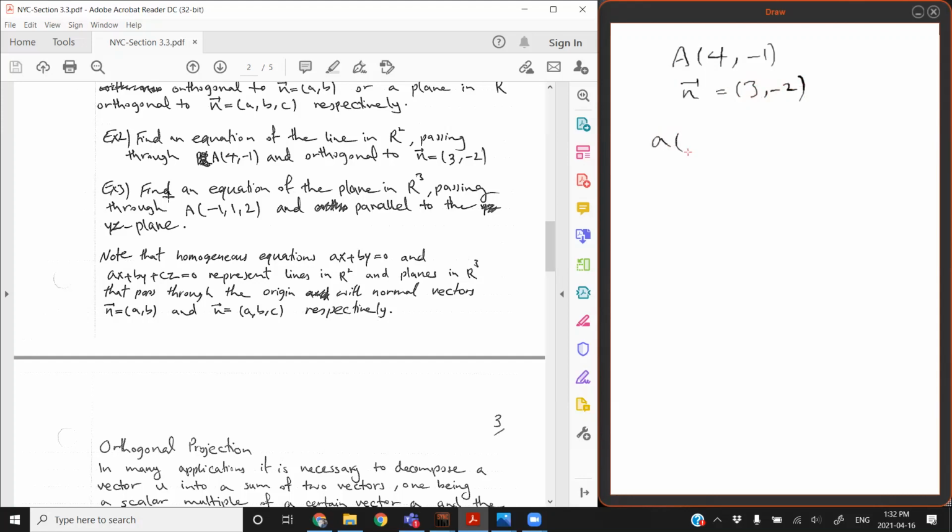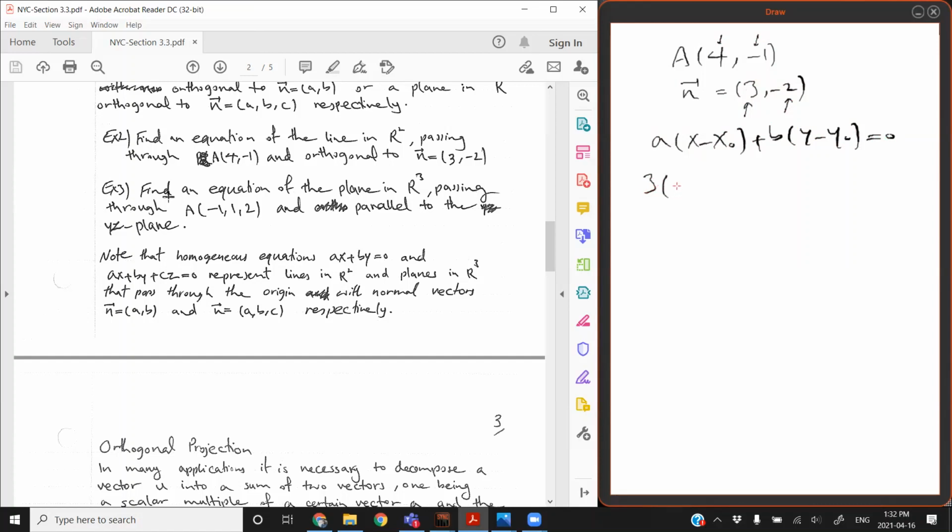It's going to be a times (x minus x0) plus b times (y minus y0) is equal 0. Now, what is a? This is a. What is b? This is b. These are the components of the normal vector. What is x0? x0 is the x coordinate of the point, and y0 is the y coordinate of the given point. So I just plug in.